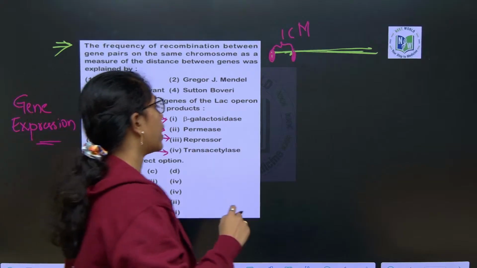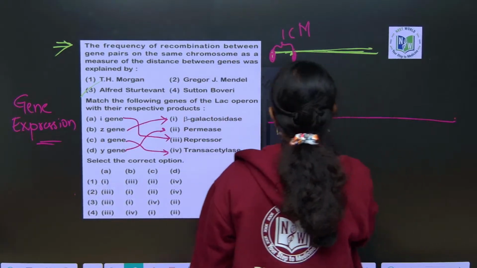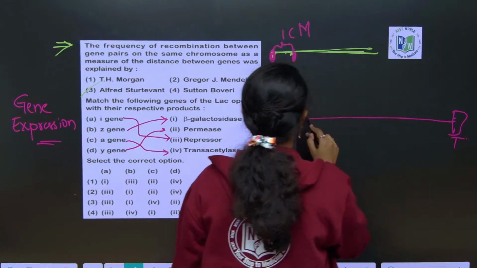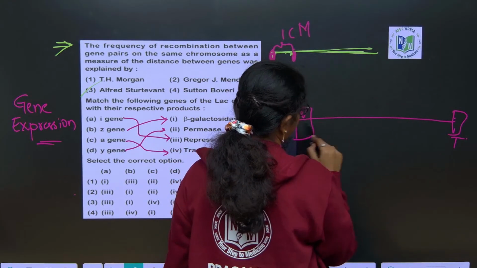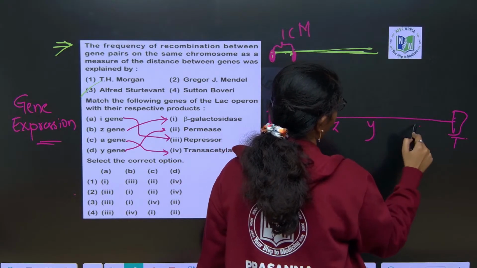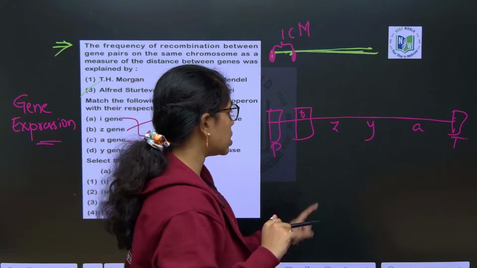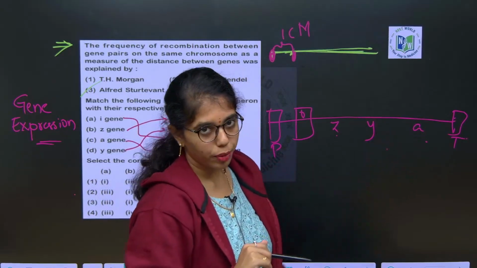If you take the mRNA strand from promoter region to terminator region, after the promoter there is the operator, and then it is followed by 3 structural genes, that is Z, Y, A in the lac operon model.